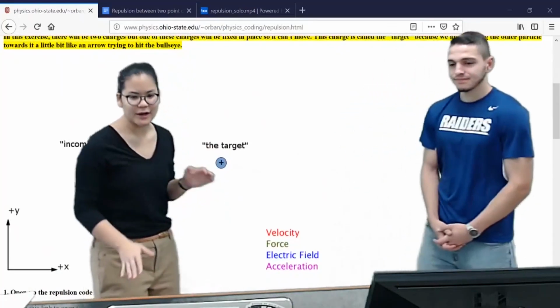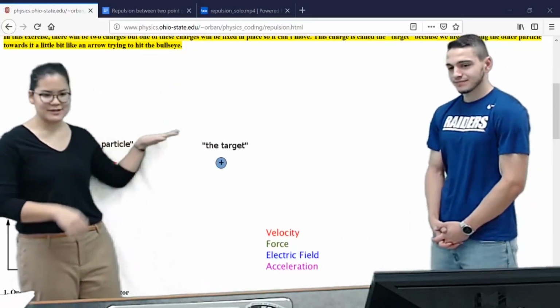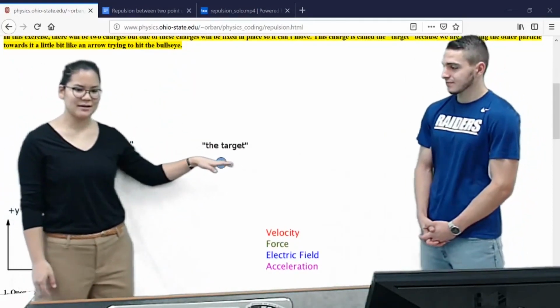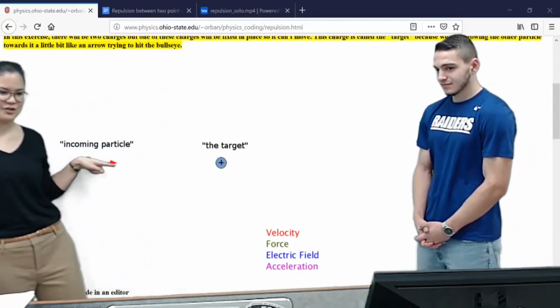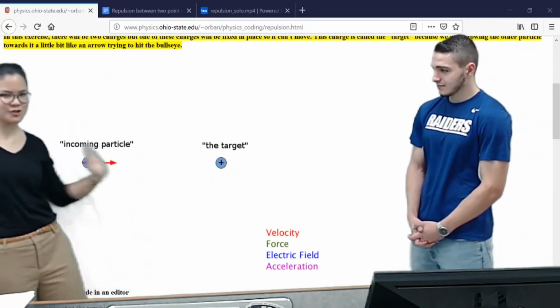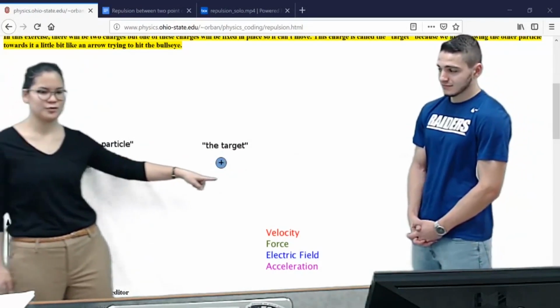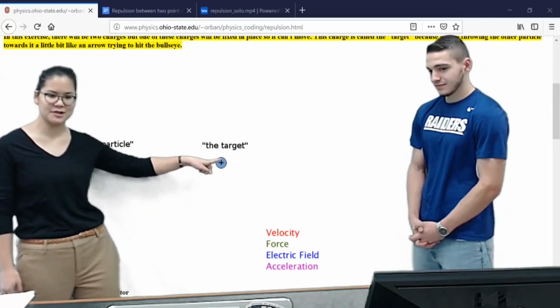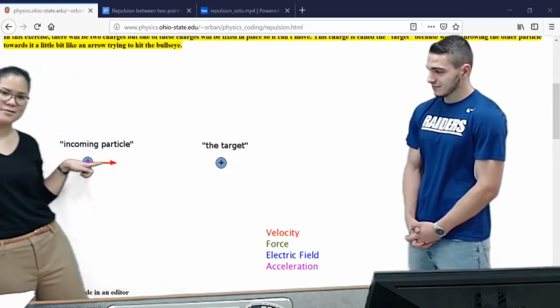So I'll scroll down here. Today we're looking at these two positive charges, and we're going to be launching this particle towards this one. We'll call this one the target and this one the incoming one.